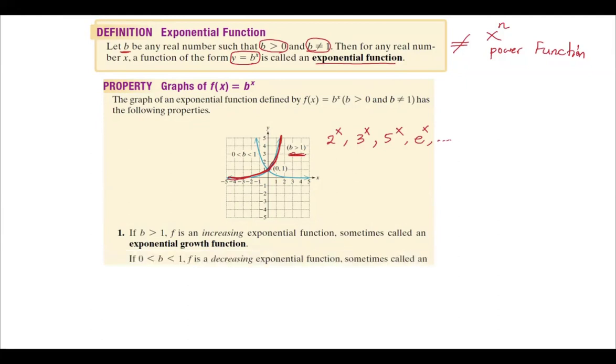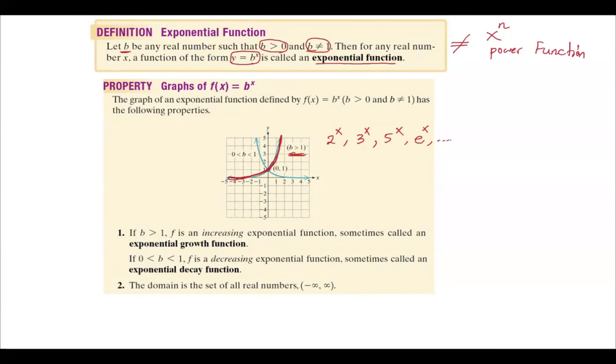However, if b is between 0 and 1, you have a decreasing function, and sometimes you call it exponential decay function. What's the domain of this function? The domain is negative infinity to positive infinity.